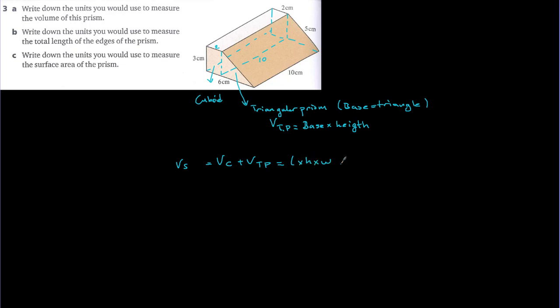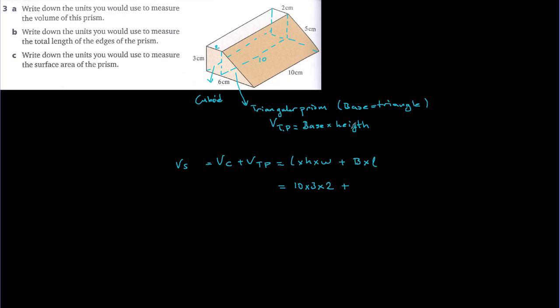And the volume of the triangular prism is base times height, or I can say base area times length, since I named it L. The cuboid is 10 times the height, which is 3, times the width, which is 2. What about the base area?